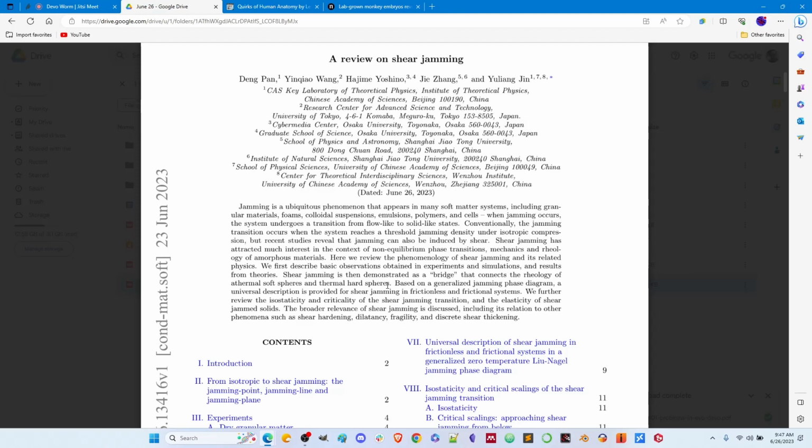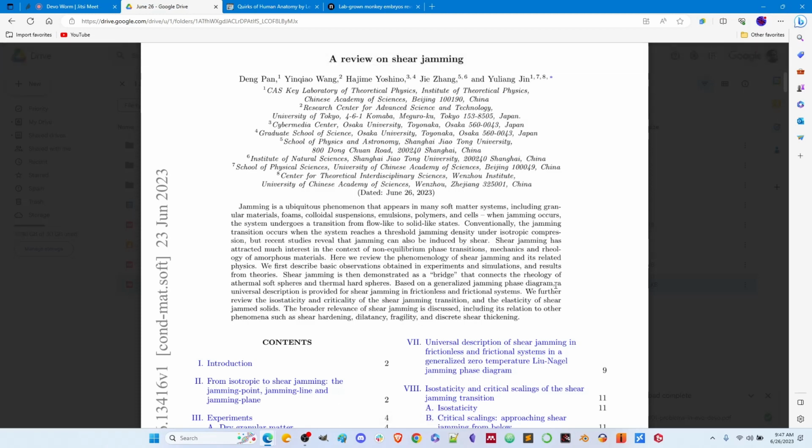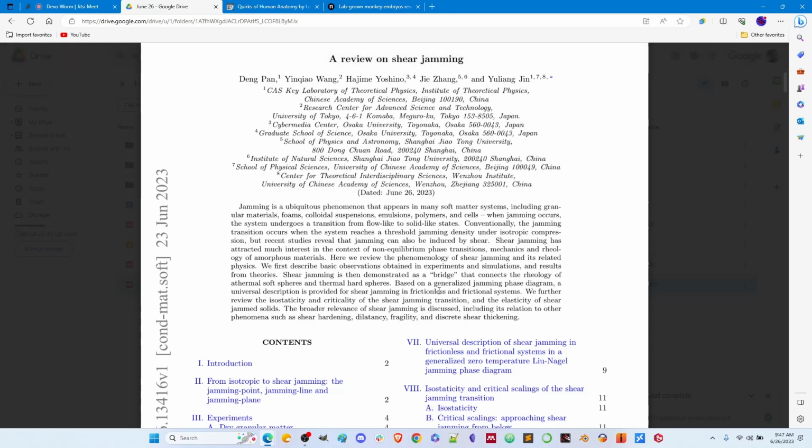So I guess they're doing thermal characterization in terms of temperature dependence. Based on a generalized jamming phase diagram, a universal description is provided for shear jamming in frictionless and frictional systems. So they have friction and frictionless systems.